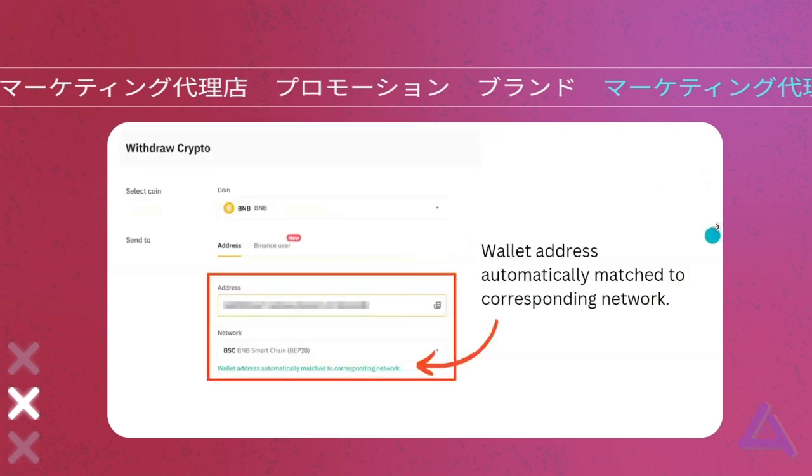The other thing that they also added is this: when you place a wallet address, it automatically matches the corresponding network. You can still change the network, but if you do, it will show you a pop-up asking, do you really want to move these assets to the other chain? Remember, blah blah blah.